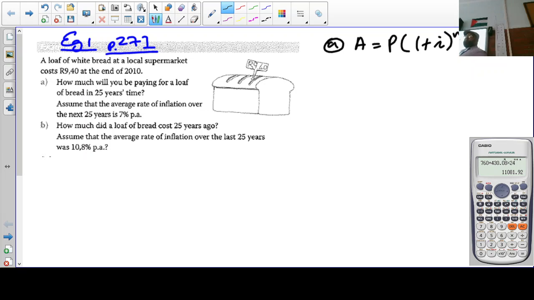It will always be the case when they're talking about inflation, compound formula. Okay, you guys okay with that? So, what is your starting value? 9 rand. Your initial value is 9 rand, 40 cents, into 1 plus i, what's your interest rate? Inflation rate? 0.07. For how many years? 25 years.